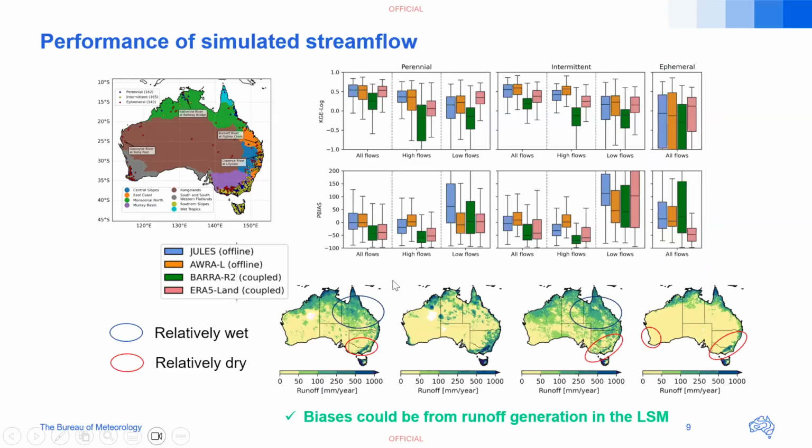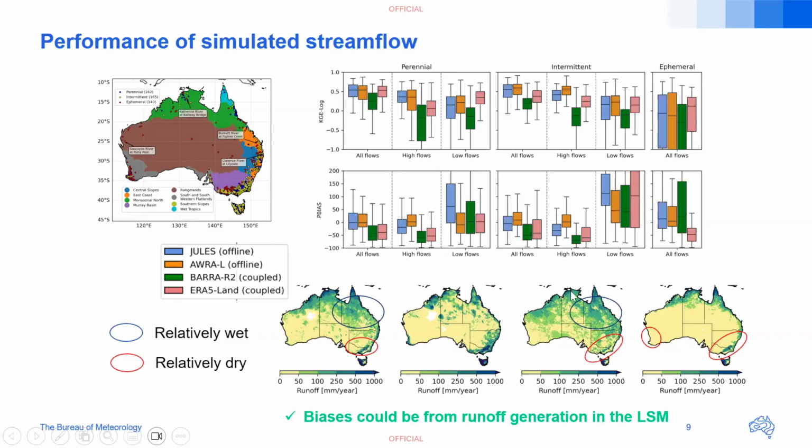routing, is that the runoff outputs can also be significantly different, even in some cases with using the same forcing. What I've compared here is the middle one, the second one, is the Aura L, which I use as the main benchmark. When I compare that with the others, we can see the JULES one is much wetter in this area and also relatively drier here.